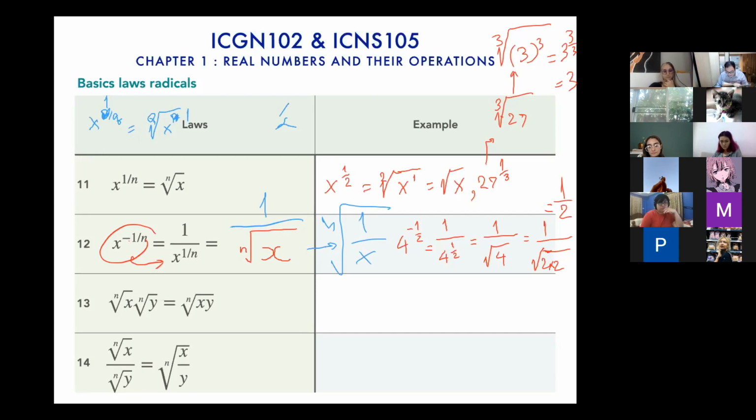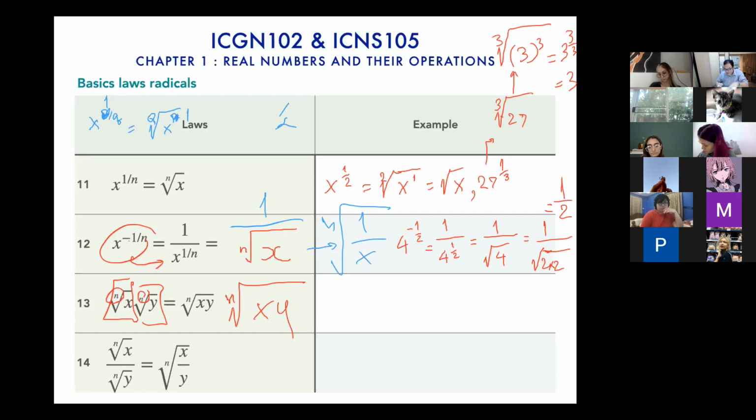So that means if the indices are the same and there are two terms multiplying like this, you just put the radical symbol here, put the n, and inside it will be x times y multiplied together. Be careful: for multiplication it works, but addition or subtraction cannot be applied with this rule. It must be multiplication only or division only.